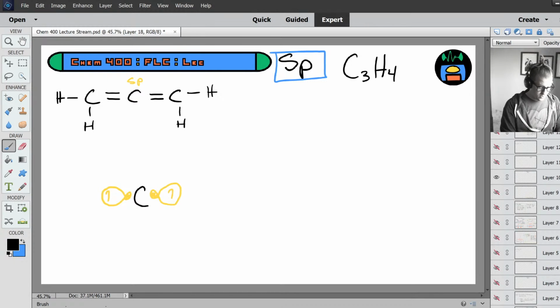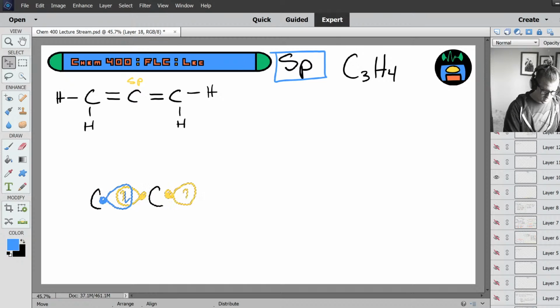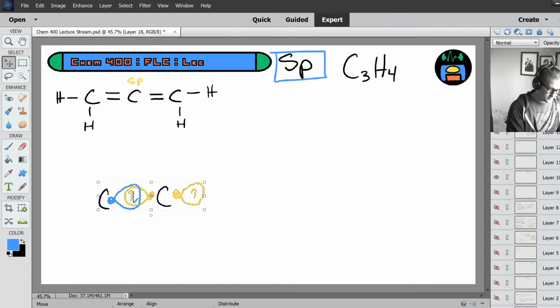Let's start with the carbon on the left. So this carbon is sp2 hybridized. It's going to make a sigma bond with that central carbon through direct orbital overlap, like so.